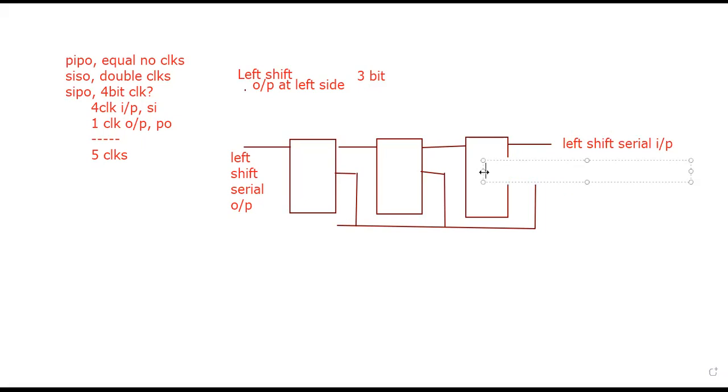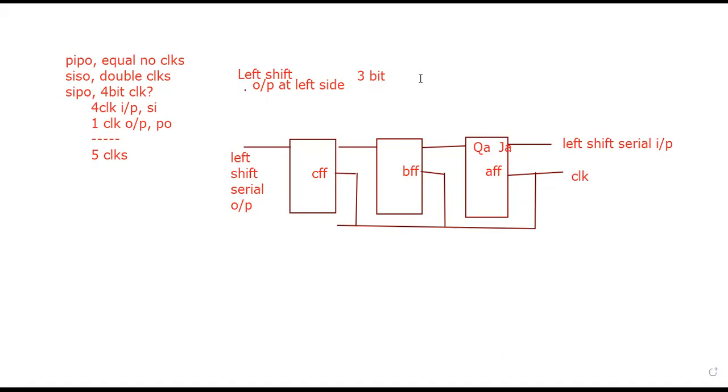So here we have to give names. This is AFF, this is BFF, and this is CFF. Understand? And this is our QA, and say if it is RS or JK, so it is JA. And we have to invert the output. Whatever input you provide, it should be inverted.